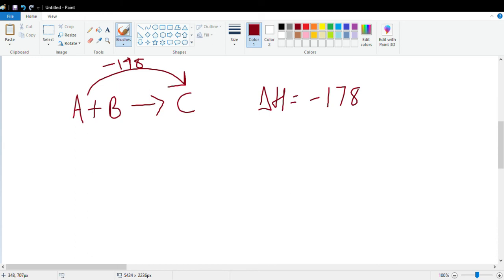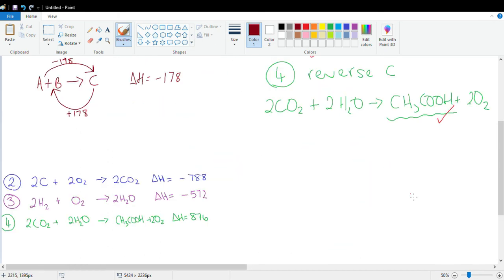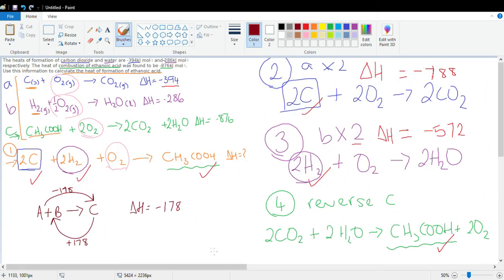And what that means is for the reverse reaction, all you do is change the sign. It's plus 178. Whatever amount of energy is given out in the forward reaction is the same amount of energy that would be taken in going in the reverse reaction. So let's go back to where we were over here.